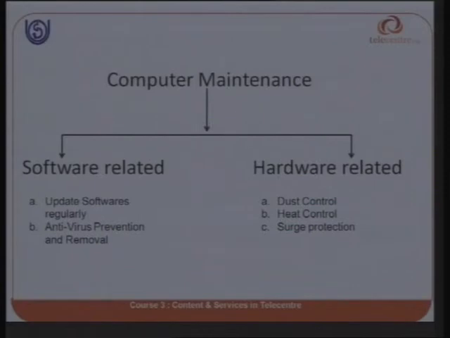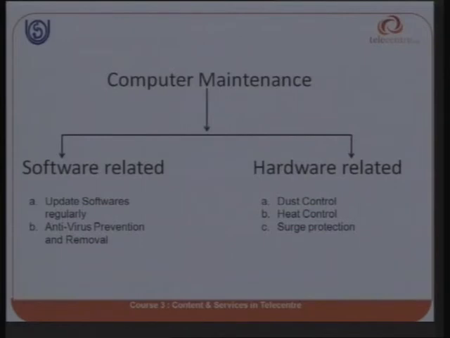So this is software related maintenance. One is updates. You have to do the computer software updates on a regular basis. So you have to turn on your automatic update system, which, if it's connected to the internet, would automatically update the softwares.